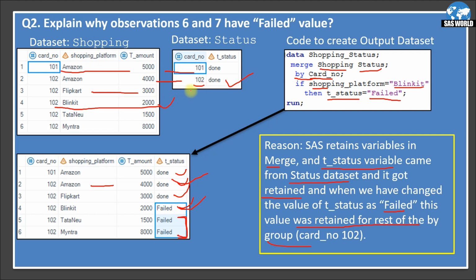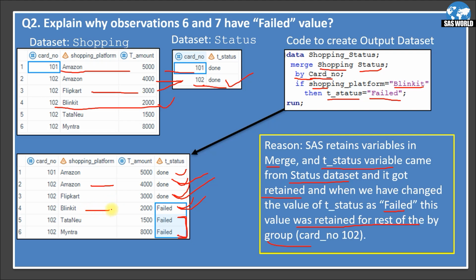When we have this type of situation, as we saw in the answer, it retains the values. Why? Because these values, 102 and done, will be repeated with these observations, since on this side we have only one observation and here we have 5. So that value stays in memory and keeps repeating with the rest of the observations. So for Flipkart, this will merge as 102 done. This will be fine.